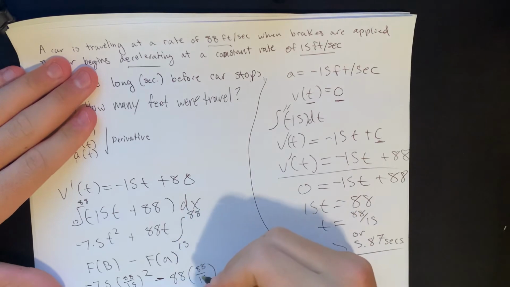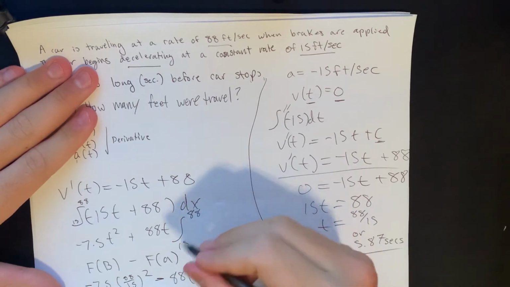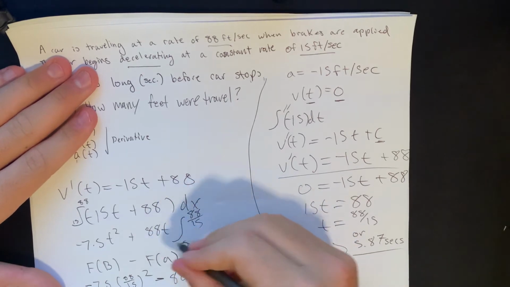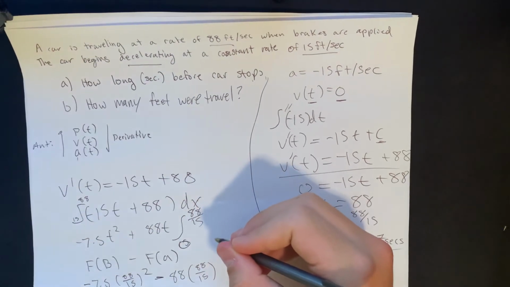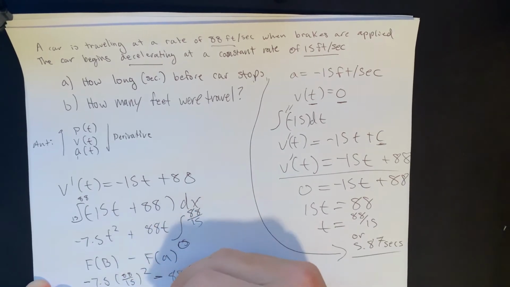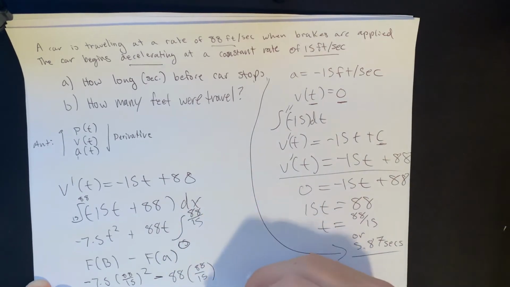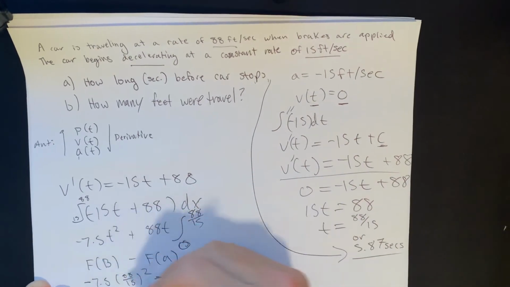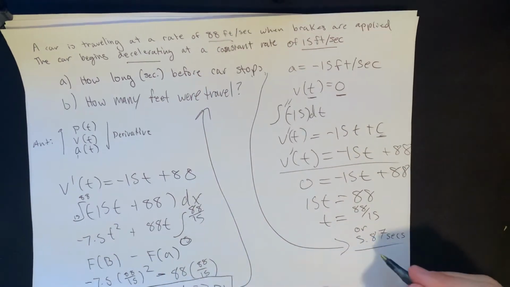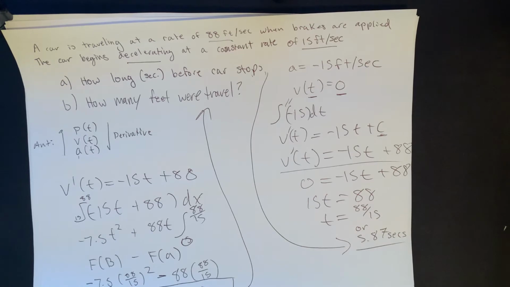And then we're just plugging the 88 over 15 and 0 in to find how far we traveled. And the position comes out to be around 258.137 feet. So that's how far it travels during that time period of 88 over 15 seconds.